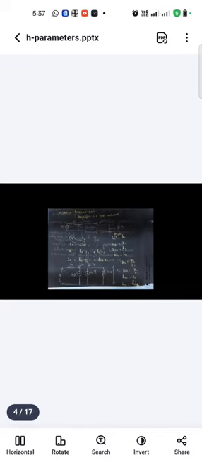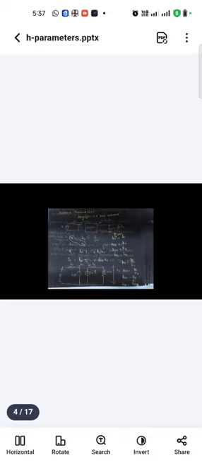Then h21 indicates the forward h parameter, and h naught is the output parameter. Then how will you write the voltage current equation?